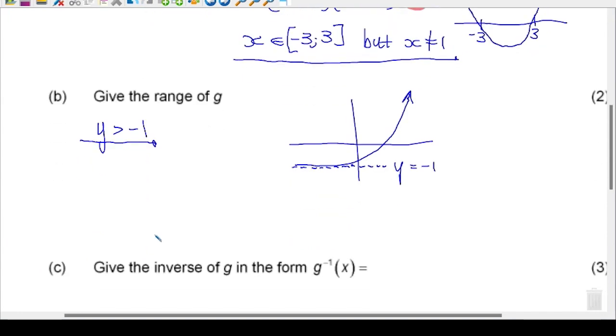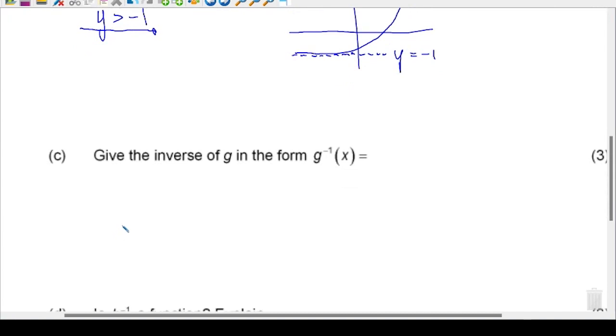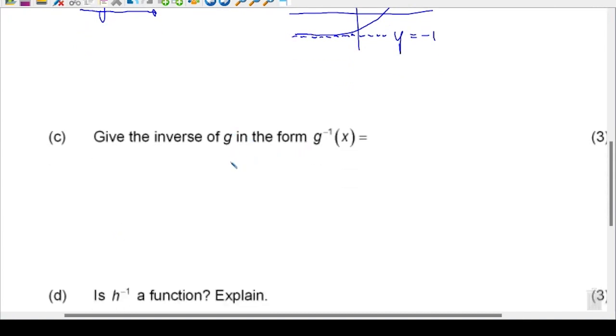The next one is finding the inverse of a function, and the function in question is y equals 3 to the x plus 2 minus 1. First thing we're going to do is swap x's and y's around.